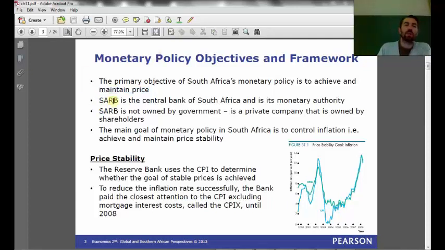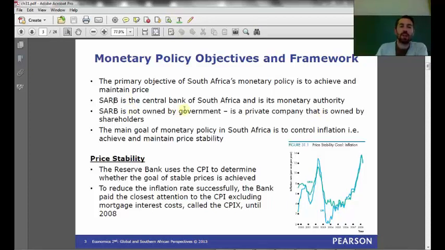Our central bank is called SARB, the South African Reserve Bank. That's the Central Bank of South Africa, and it's obviously the key monetary authority. There's only one monetary authority, the Reserve Bank, and I think the Reserve Bank is also our financial authority, though I could be wrong.